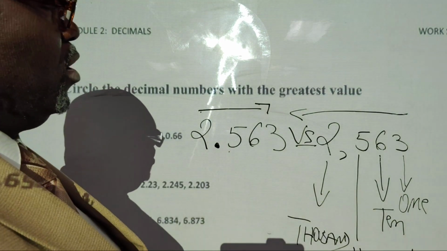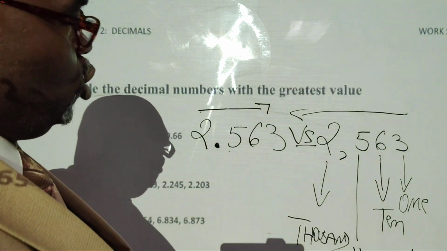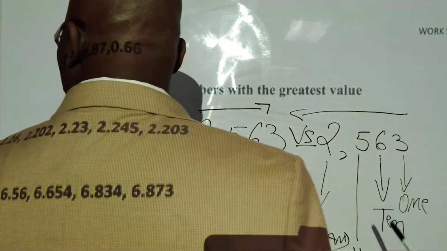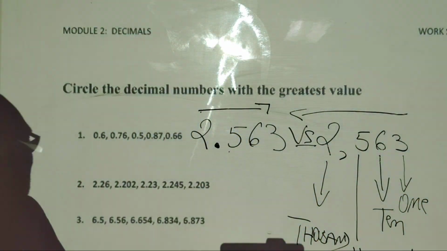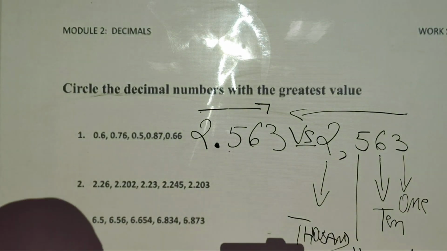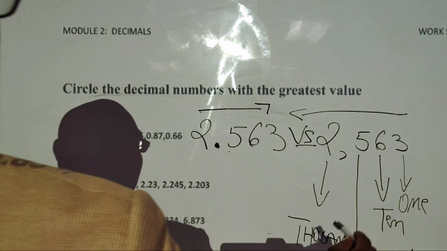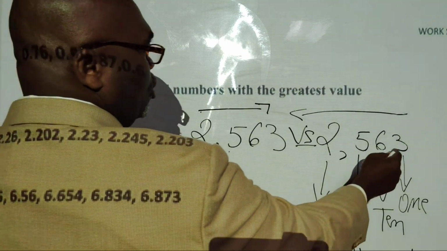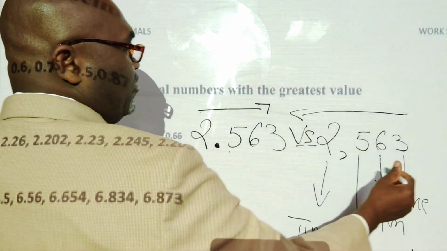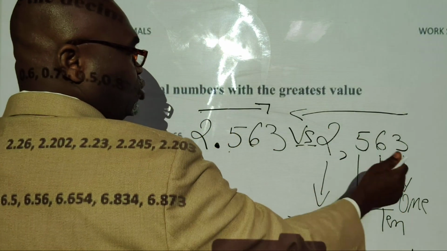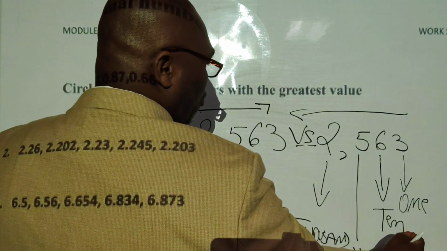As I told you, you read the place values of a whole number from right to left. I want you to pay close attention to that. The last number occupies the 1.